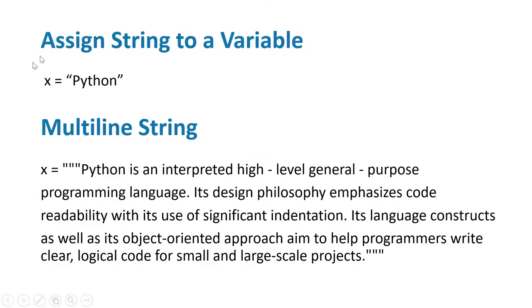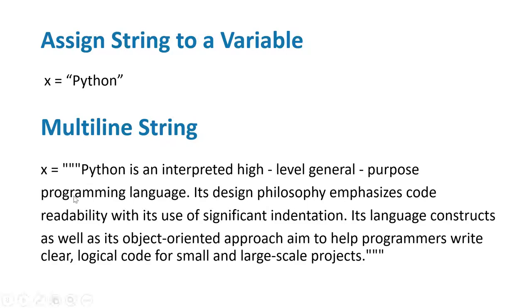Jumping to the next topic, let's see what a multi-line string is. Whenever your string varies across different lines, when the text is huge and spreads across multiple lines, in that situation you go with this concept called multi-line string.